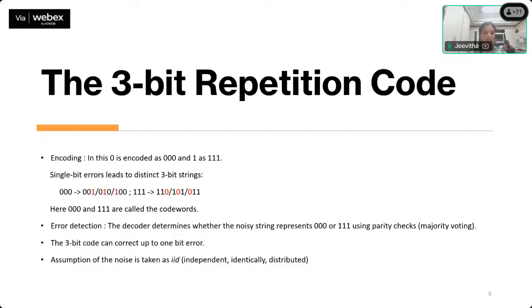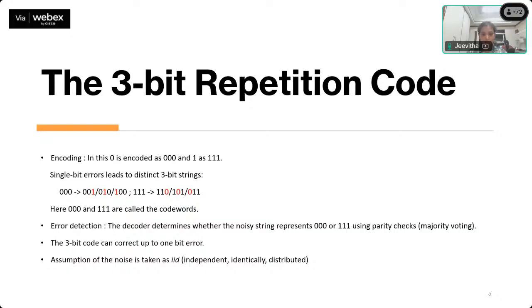Let's begin. This is the classical version of the repetition code. The encoding is done in a simple manner. 0 is encoded as 3 copies of 0 and 1 is encoded as 3 copies of 1. It's quite simple. And how do we detect and correct errors?